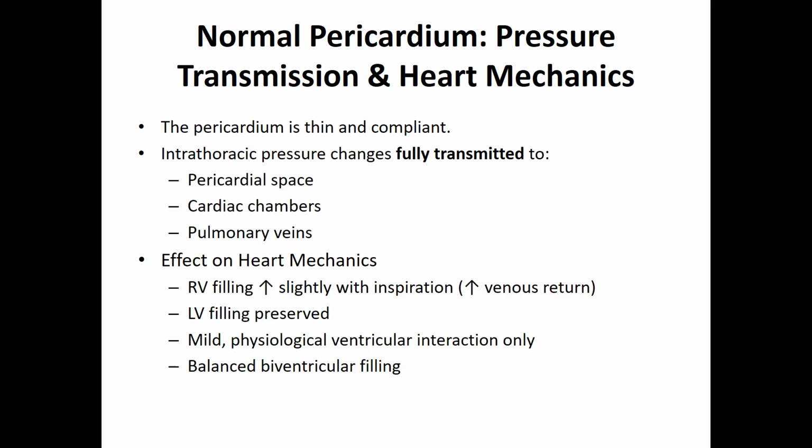As we all know from medical school, inspiration reduces the intrathoracic pressure that will be transmitted to the pericardium. The pericardial pressure will reduce, and that will allow more venous return during inspiration. However, the LV filling will be preserved, and vice versa will happen during expiration.